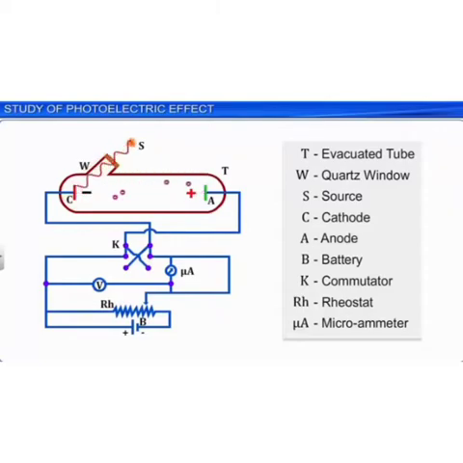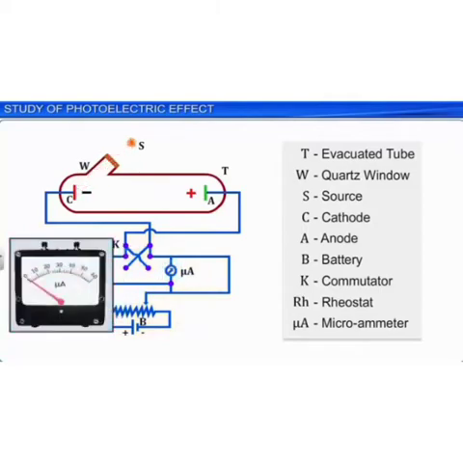The potential difference between the cathode and the anode accelerates the electrons towards the collector plate, and hence this potential difference is now referred to as accelerating potential. The emitted electrons reach the collector, and when they flow in the external circuit, the resultant current, called the photoelectric current, is measured by the microammeter A.